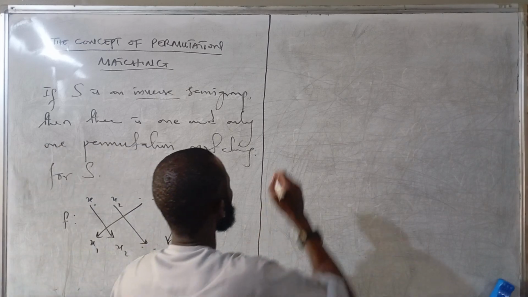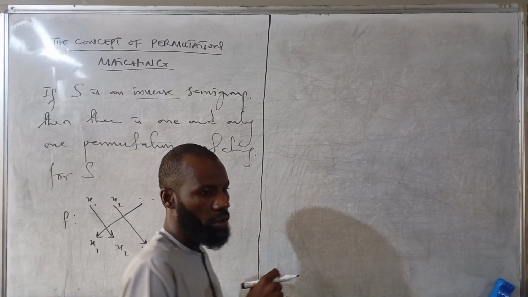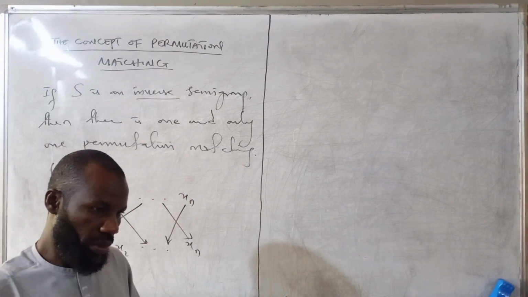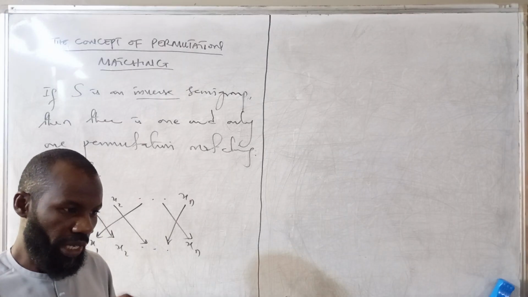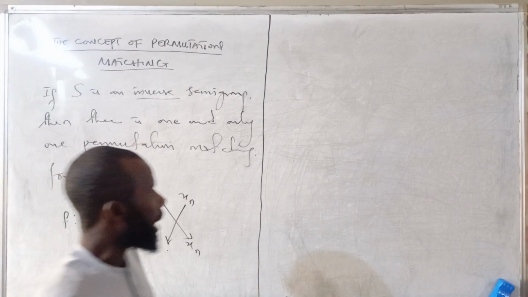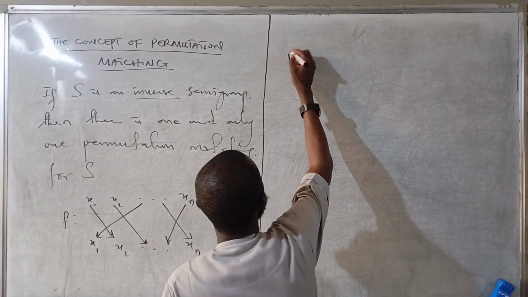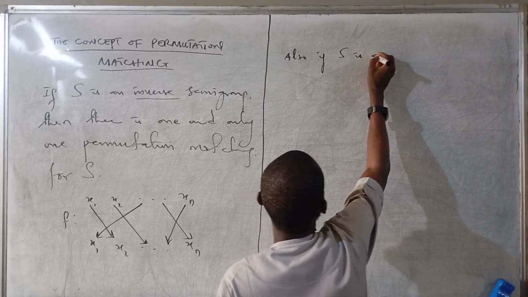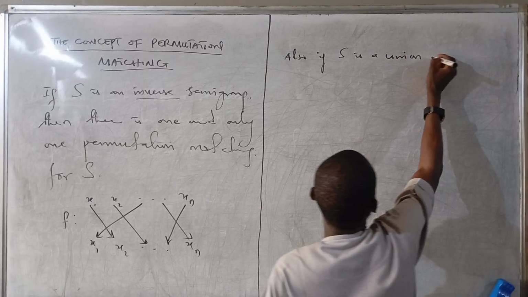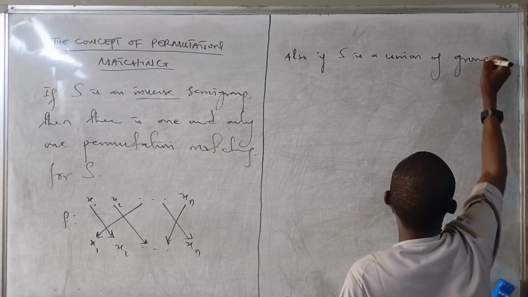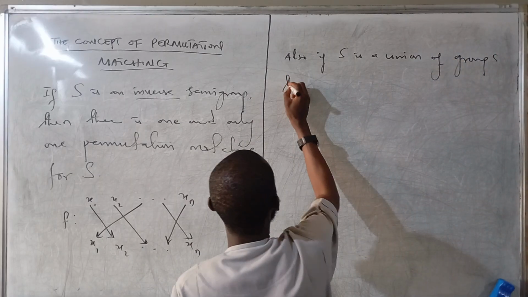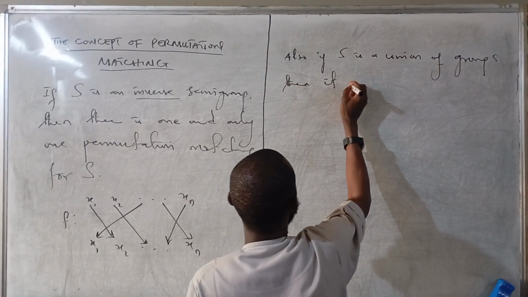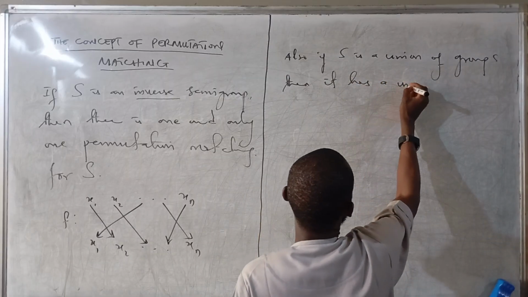So the same thing is happening, because if you have a union of groups, then you have unique inverses. So also, if S is a union of groups, then it has a unique matching.